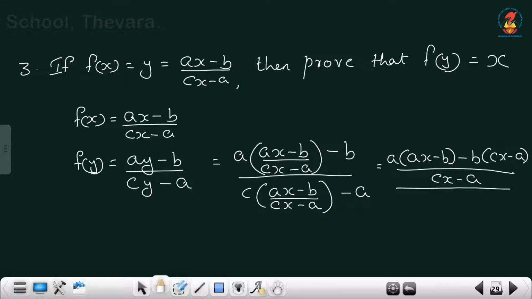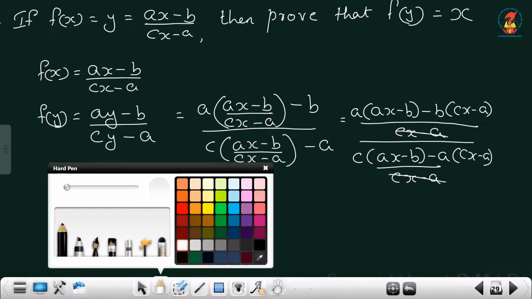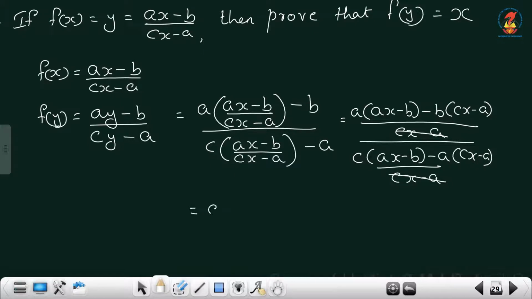Then by c into (ax minus b) minus a into (cx minus a), by cx minus a. Denominator cancel. Now you can multiply: a square x minus ab minus bcx plus ab. So ab cancel.